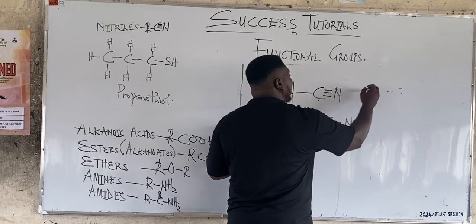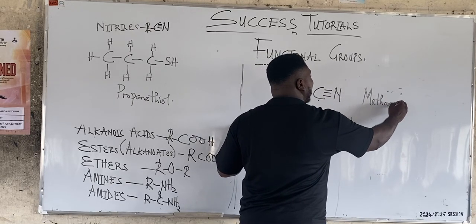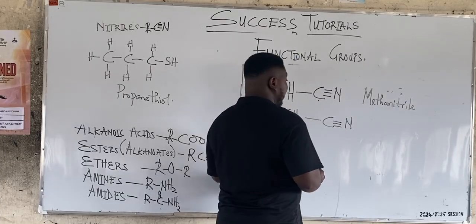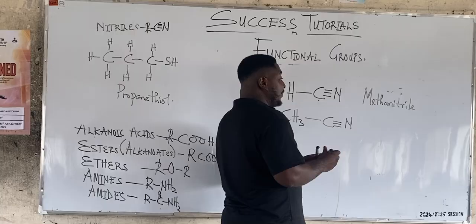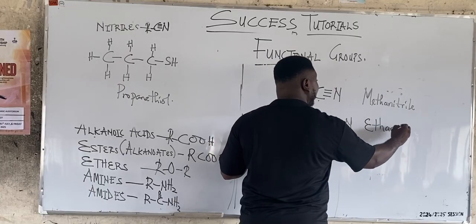This is 1 carbon, so we say methanenitrile. But this one that is 2 carbons is ethanenitrile.